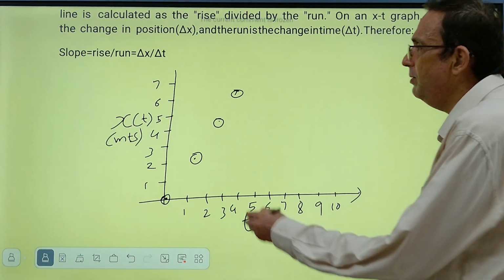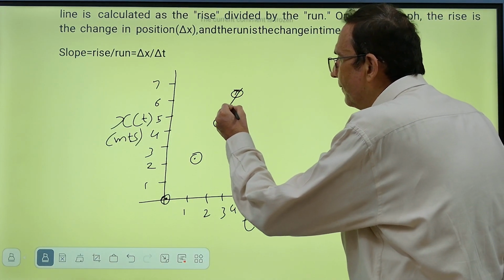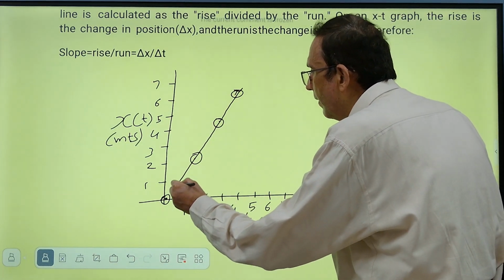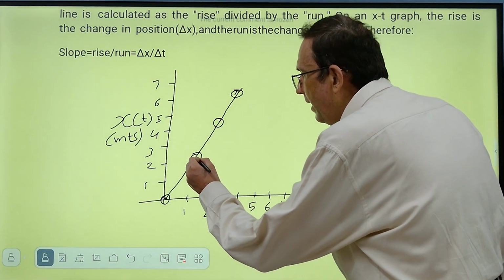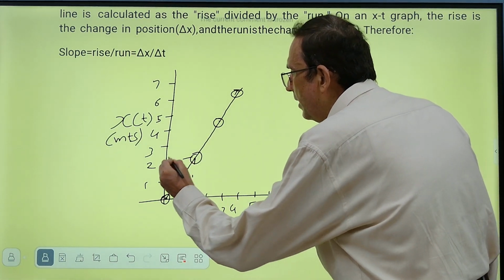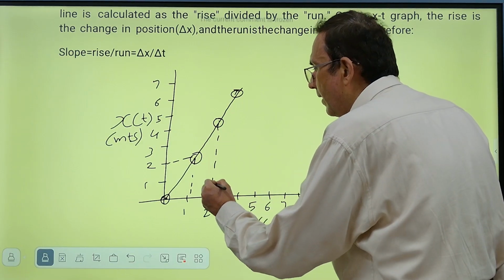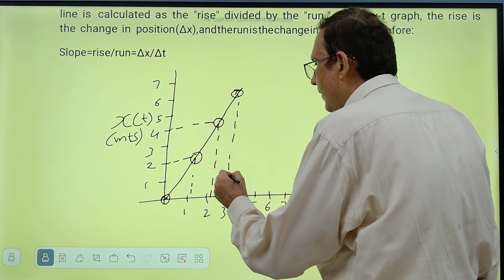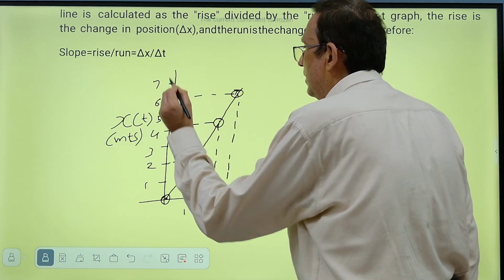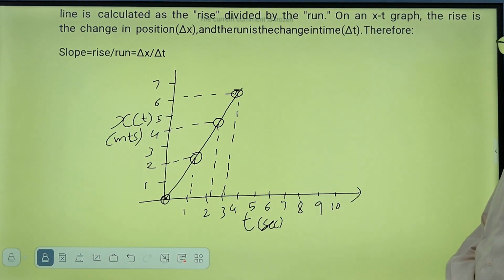So uniformly it is moving. We join all the points, and we get a straight line. So we know that at 1 second its position was 2 meters, at 2 seconds its position was 4 meters, and at 3 seconds its position was 6 meters, and so on.